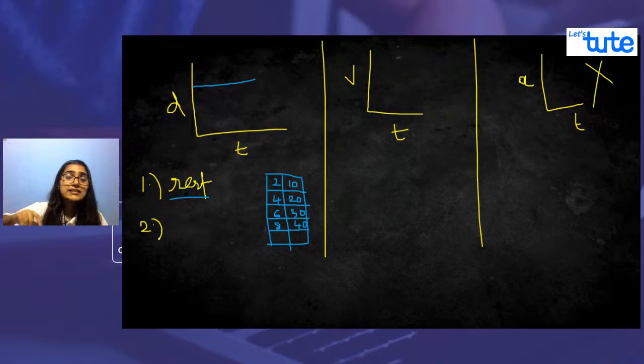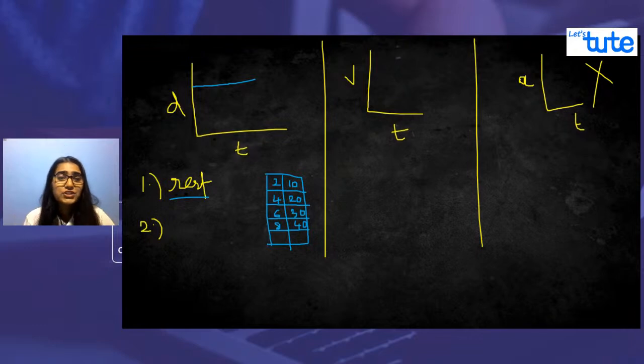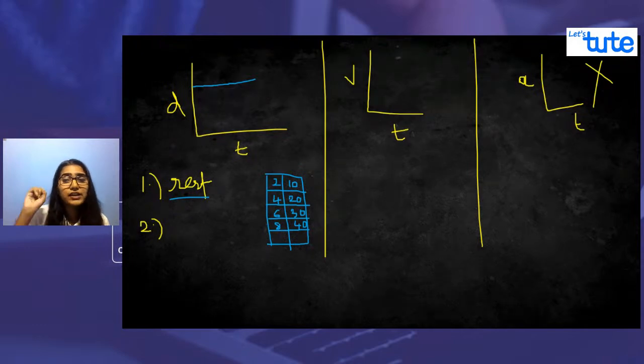In the first 10 seconds, it covered a distance of 2 meters. In the next 10 seconds, that is within 20 seconds, it covered 4 meters. Then within 30 seconds, it covered 6 meters. Rishikesh, your 8 for 40 seconds is absolutely correct, but I'm asking what distance will it cover in 50 seconds?